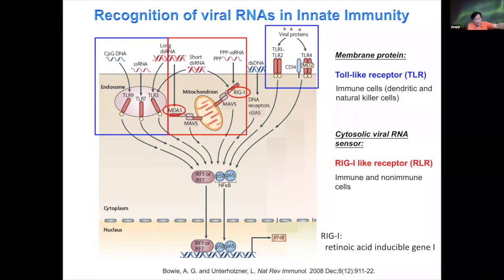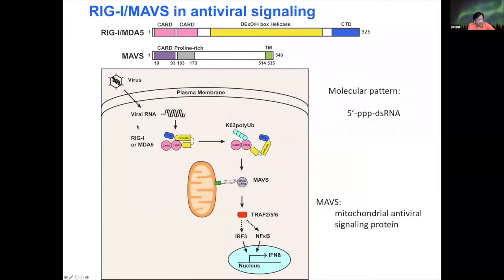Its RNA signature can be detected by intracellular RNA sensors. These are called RIG-I-like receptors, or RLR. There are two main forms, RIG-I and MDA5. I'm only going to discuss RIG-I, not MDA5.